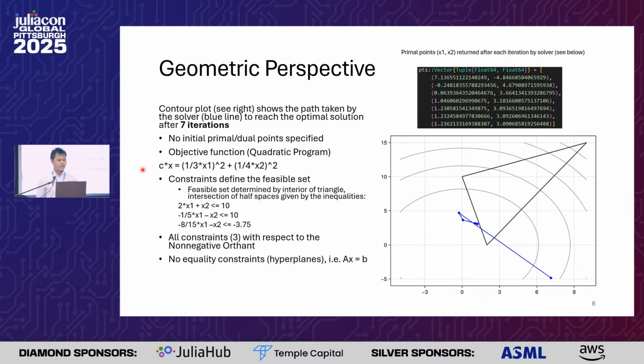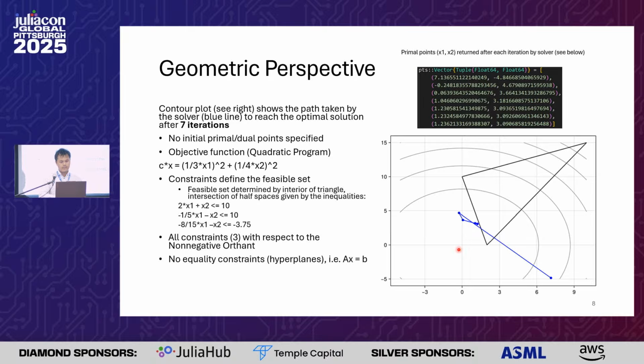One way to understand what a solver is actually doing is to have a geometric perspective of it. This blue line shows you the path that the solver takes. We start at some initialization point here, and after many iterations of running the solver, you get closer and closer to the optimal solution.